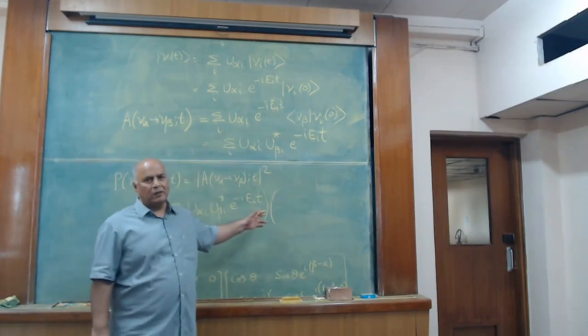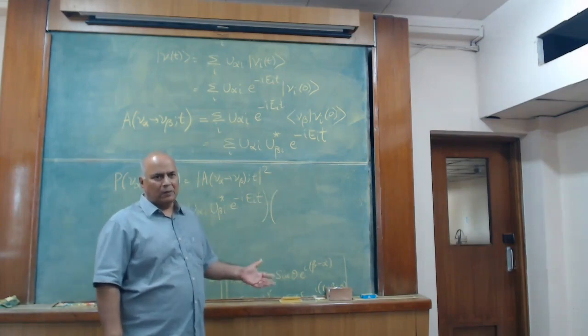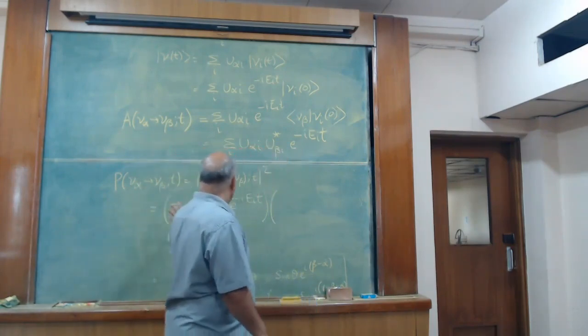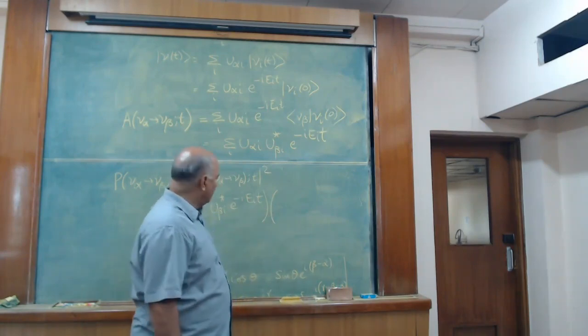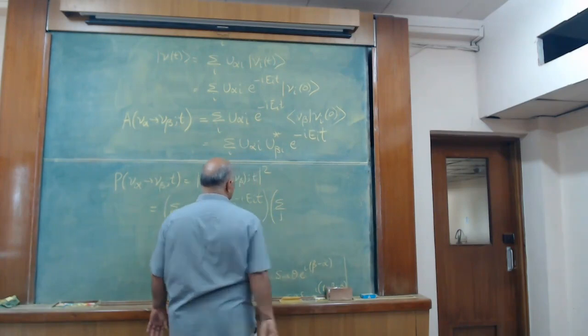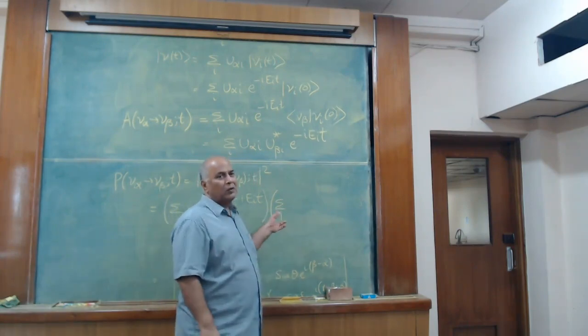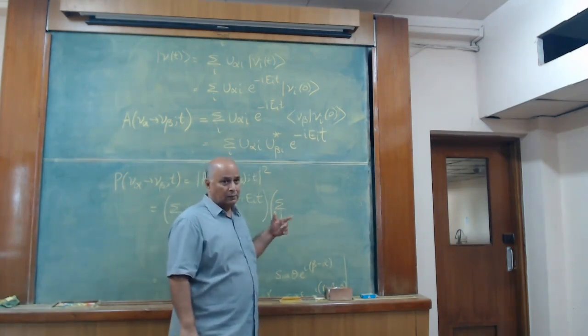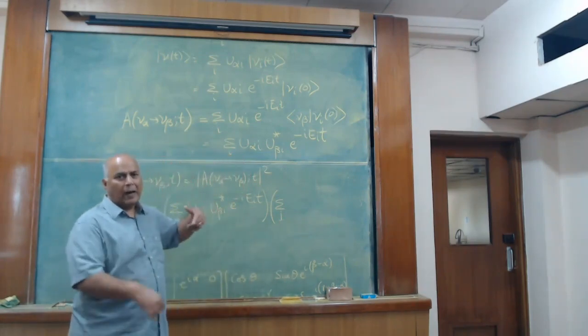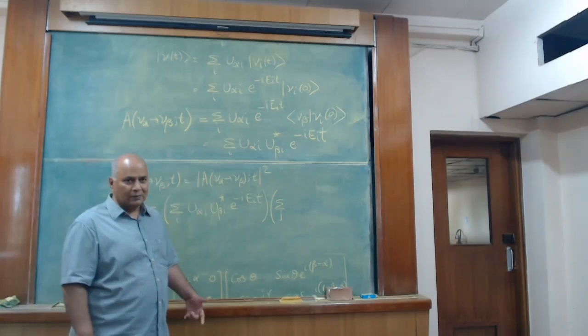This is a summation, and in general it's a complex number. So I have to take the mod square. So I take the complex conjugate of that, and now I put the summation over j, because this i, since I am doing the summation over i, is actually a dummy index.